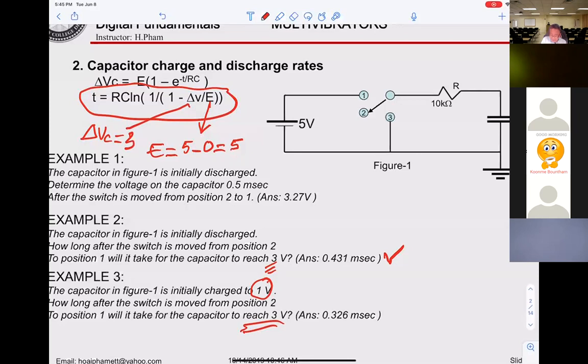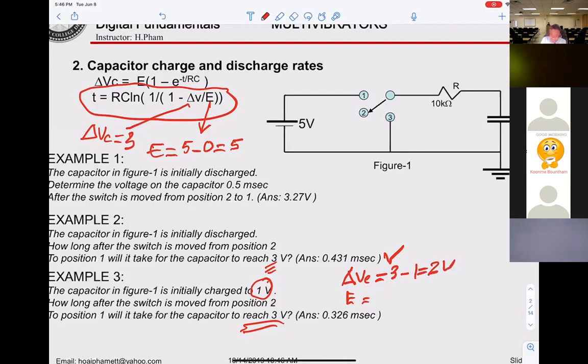In here, same thing, you need to identify what delta VC is and what E is. Delta VC, that means they start at 1 volt already and they try to reach 3. So basically, they are only charging 3 minus 1, only 2 volt.